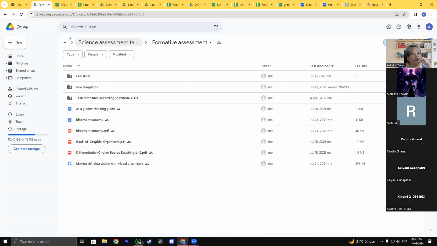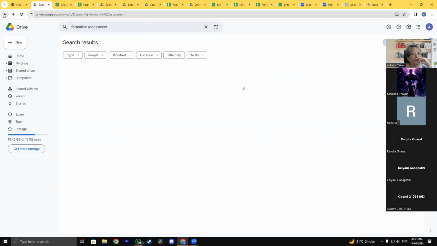I had created a subject specific skills chart.